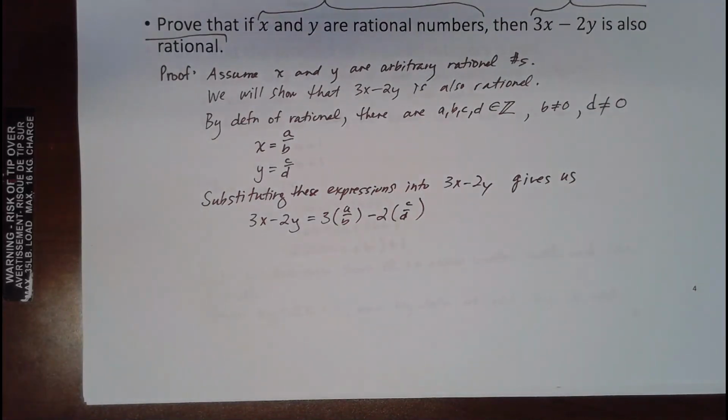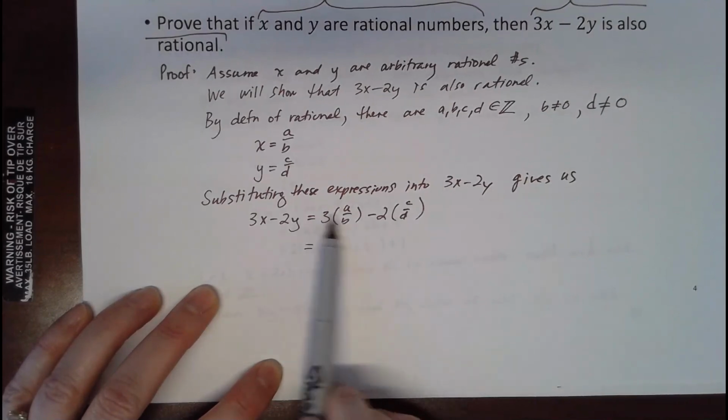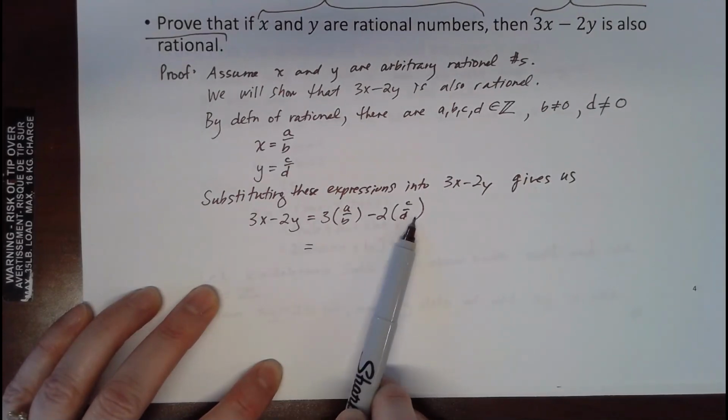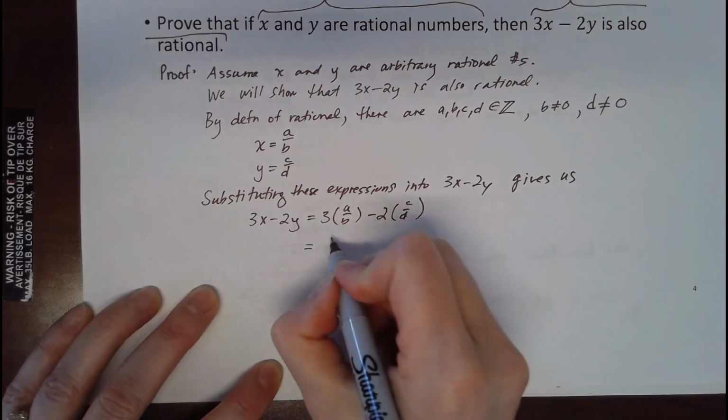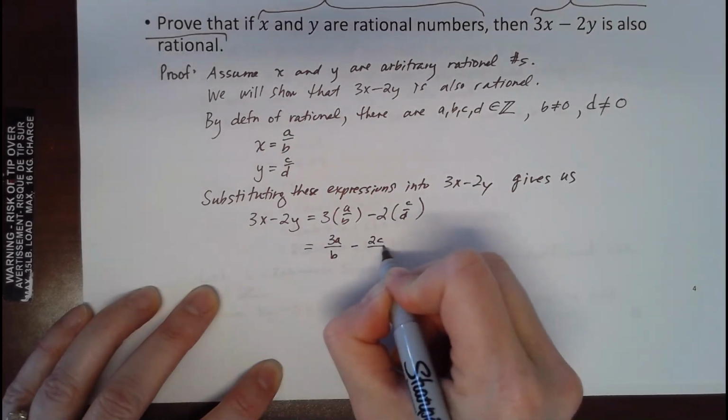Now our goal is to show that that is a rational number. If it is, then we need to be able to write it as a ratio of an integer over an integer. So essentially, if I could turn this into a single fraction, let me rewrite this as 3a over b minus 2c over d.